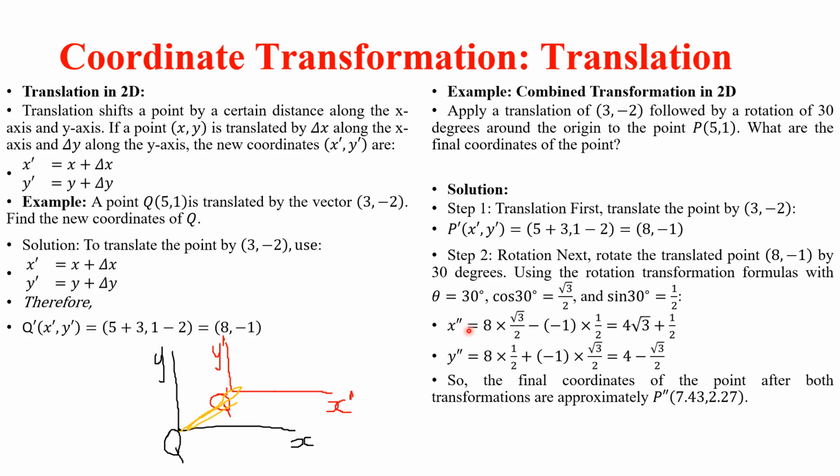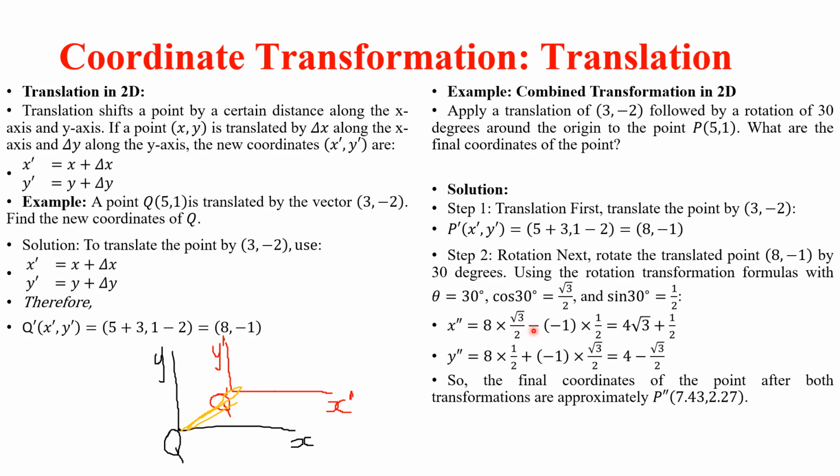So the x prime now will be x, which is 8, multiplied by cos 30, minus y, which is -1, times sine 30. The y prime will be x, which is 8, multiplied by sine 30, plus y, which is -1, times cos 30.